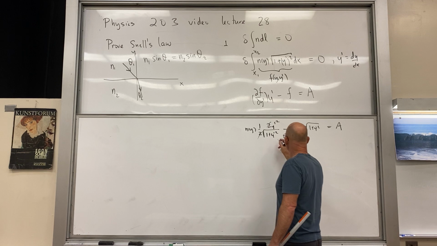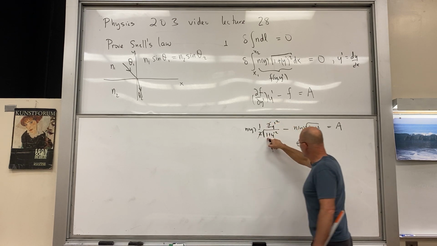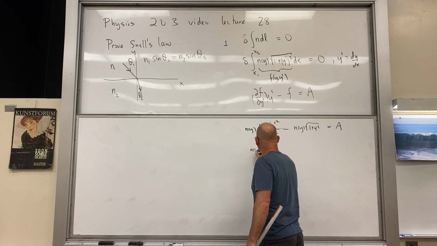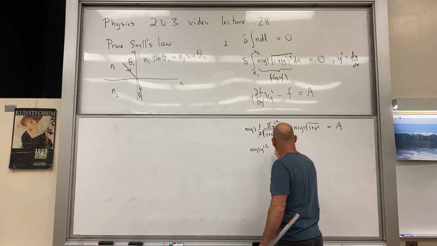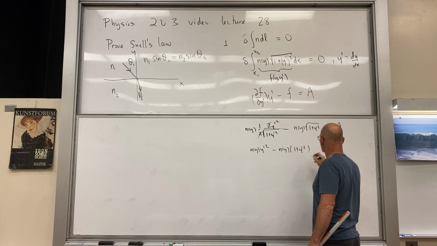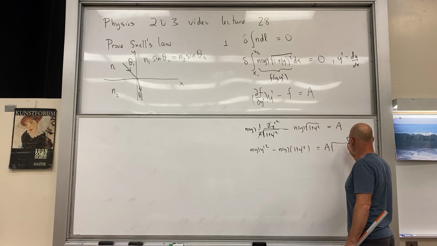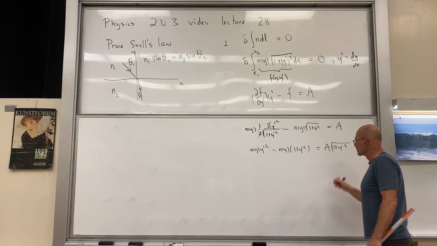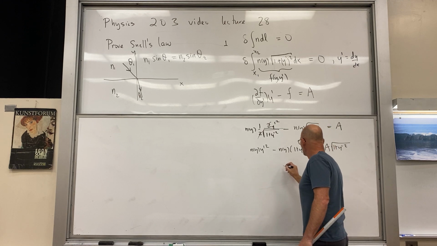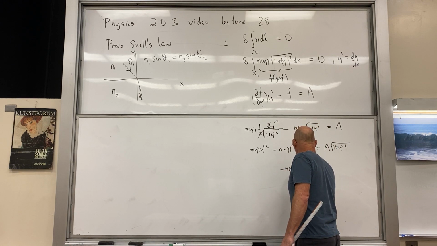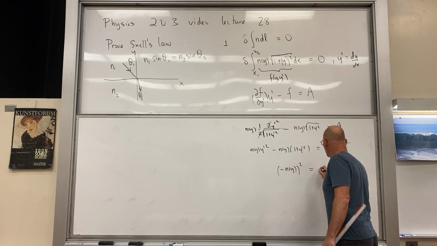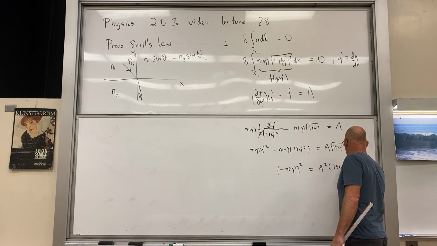We multiply through by root 1 plus y prime squared. That gives us n of y prime squared minus n of y times 1 plus y prime squared equals a root 1 plus y prime squared. That gets rid of the n of y prime squared, leaving minus n of y, and we're going to square it: n squared equals a squared times 1 plus y prime squared.